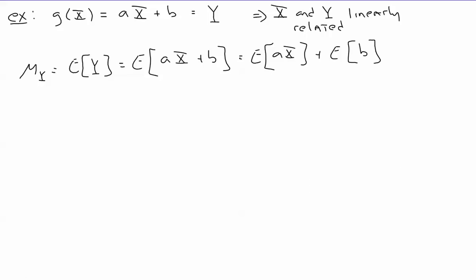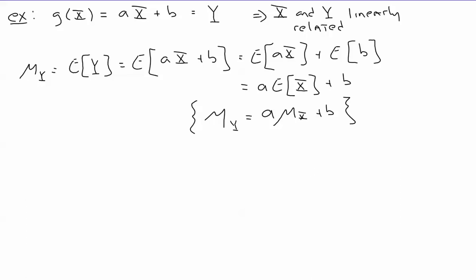B is a constant. So this is just going to be a times the expected value of x plus b. And this is a times mu x plus b. So in this case, if I know the mean value of x, I can find the mean value of y just through this simple relationship.